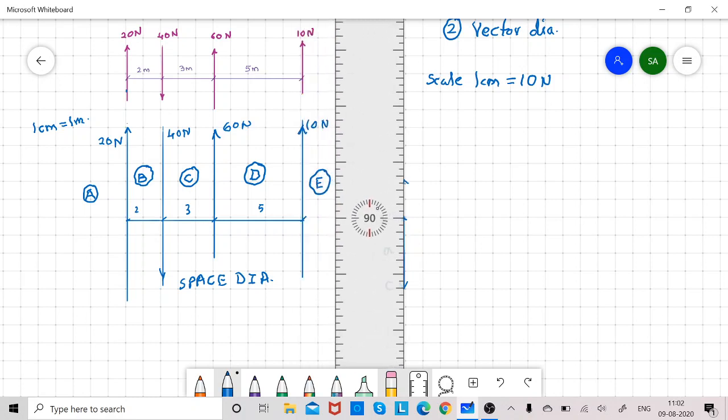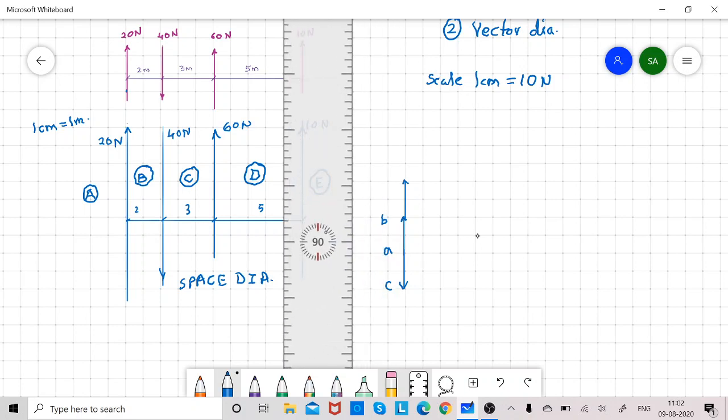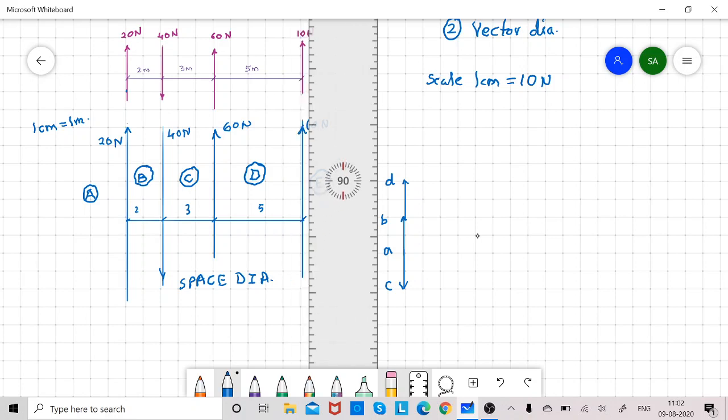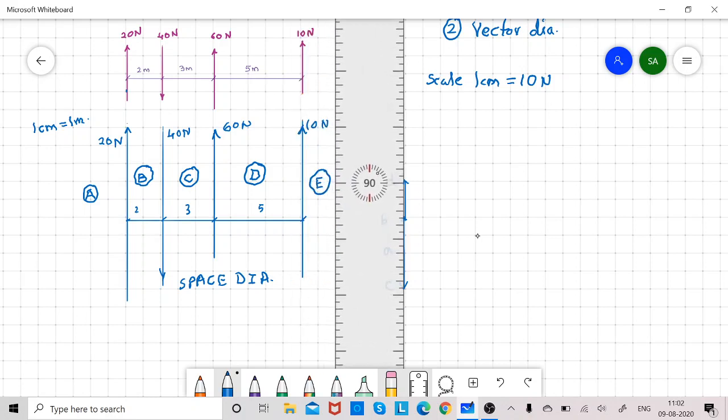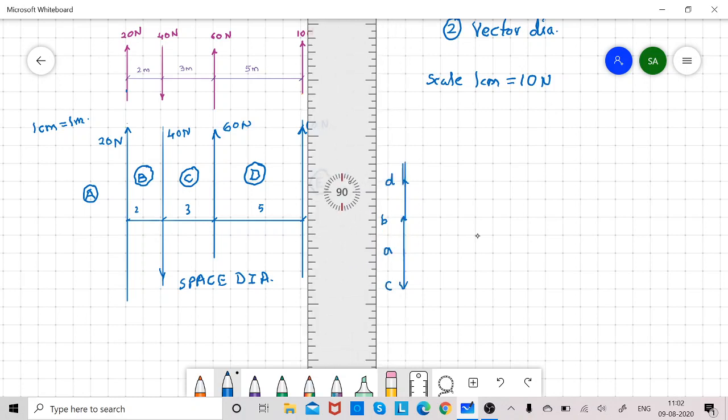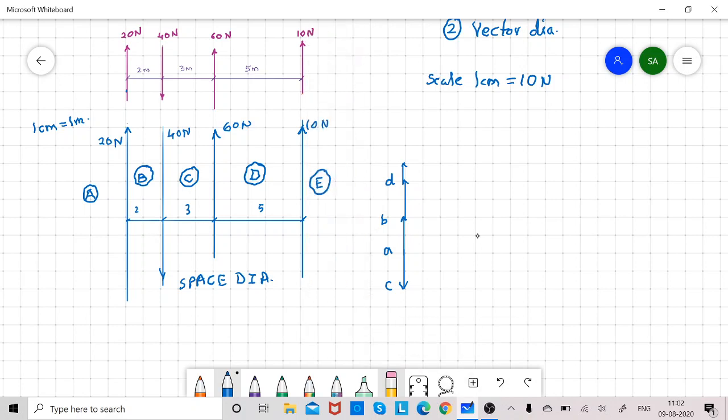So c to d is 60 Newton upward. Then d to e is 10 Newton upward. So this completes our vector diagram.